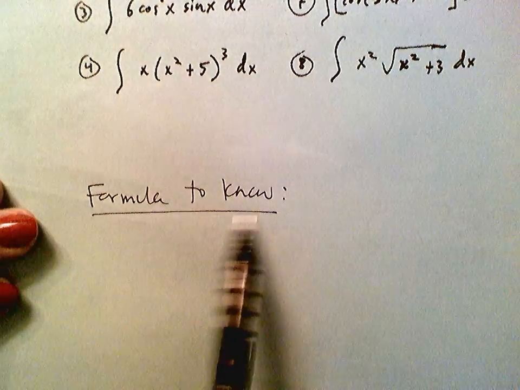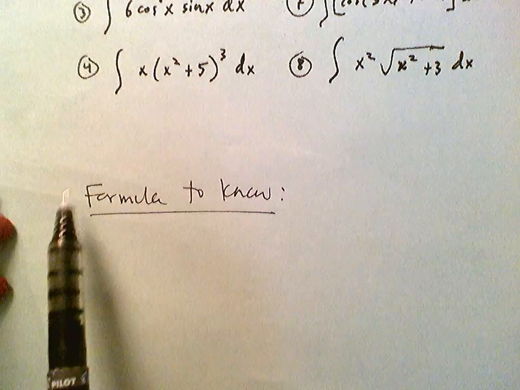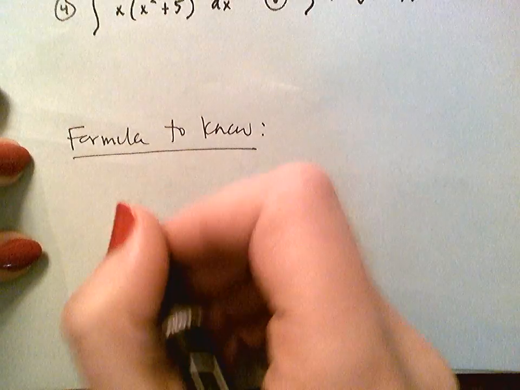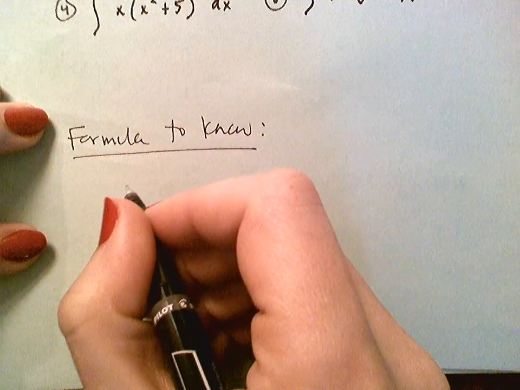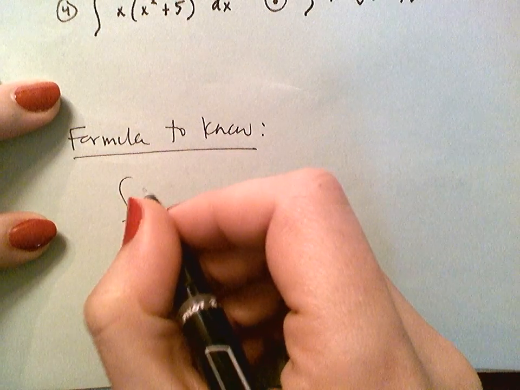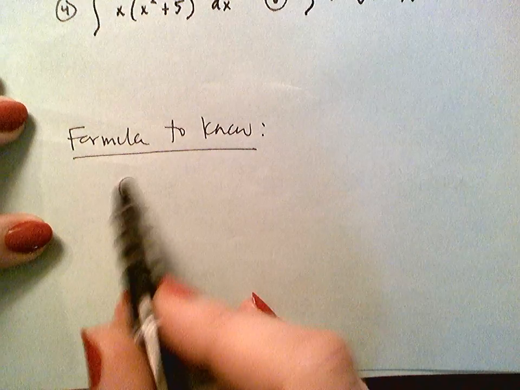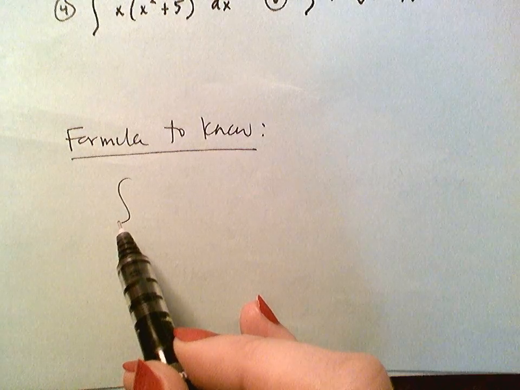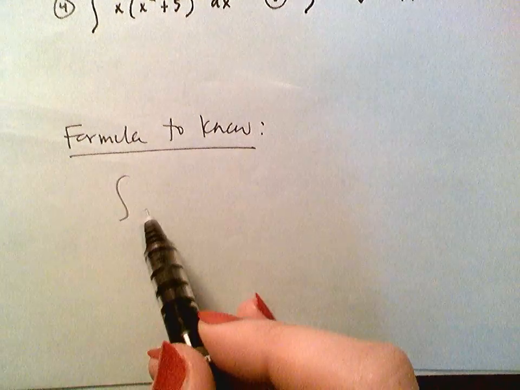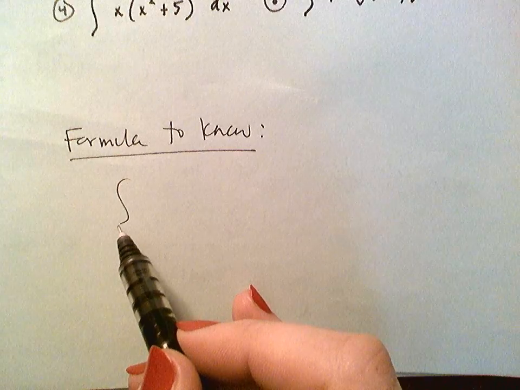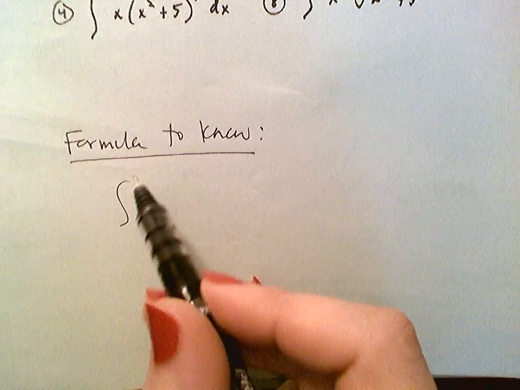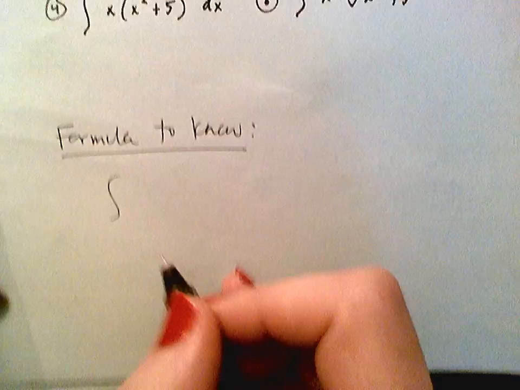Last year I did not have them memorize this. But if you are finding the antiderivative, remember an empty integral really means antiderivative. In college, sometimes they'll say the integral of, but I'm going to say antiderivative because that's what an integral sign without upper and lower limits means.